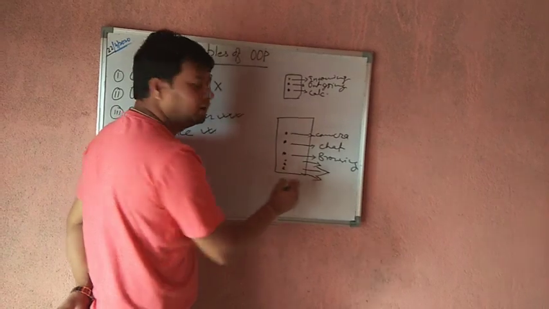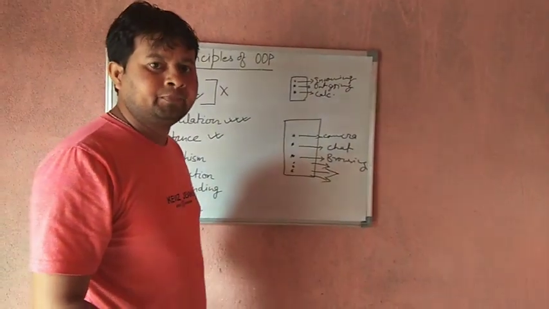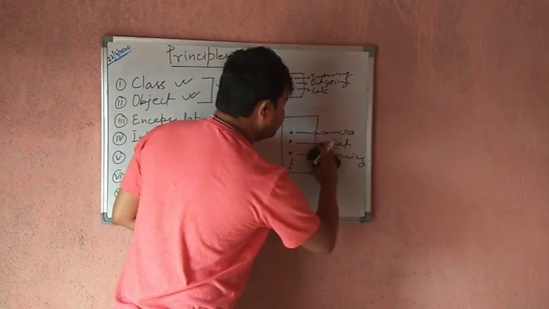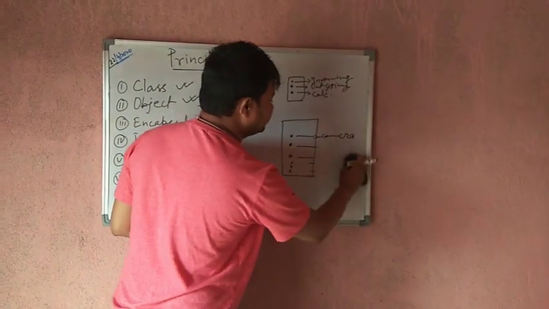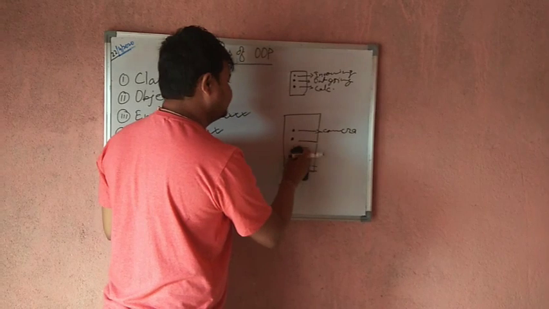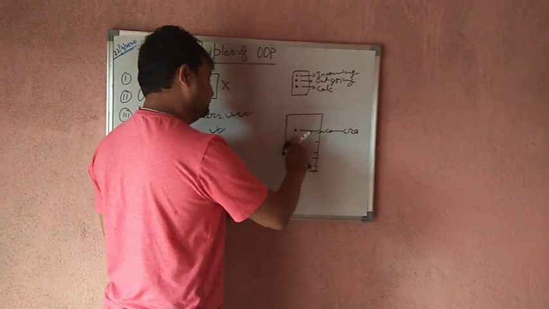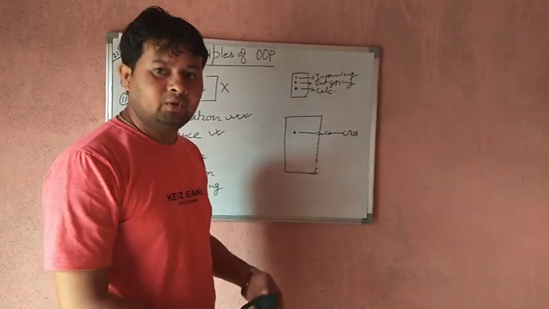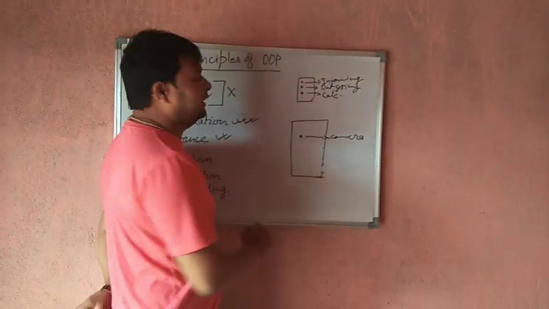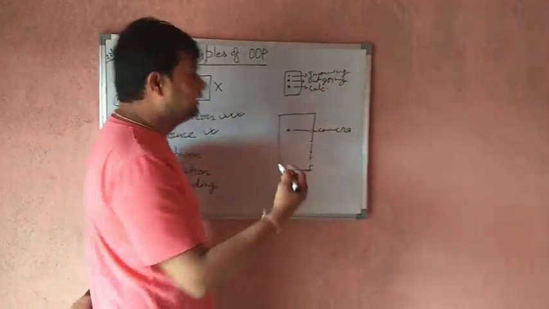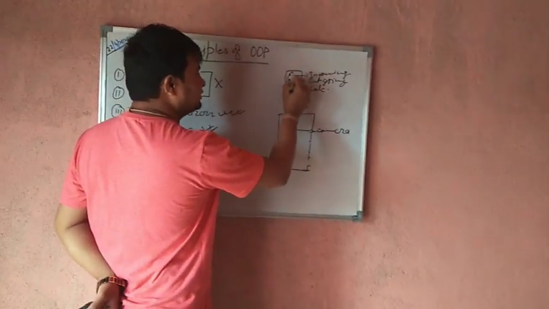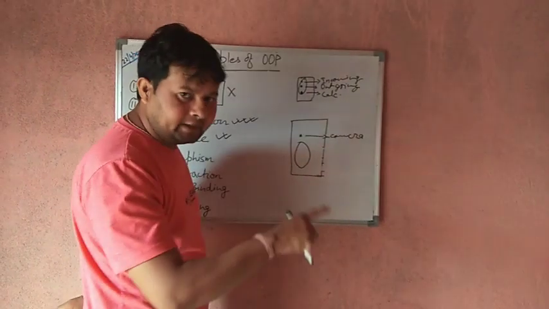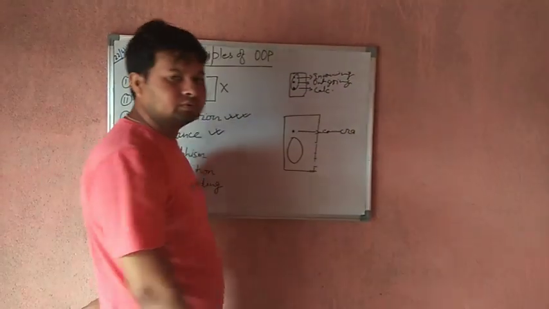Scanning, fingerprinting, all these, so many features are there. Now what happens? Suppose I don't need all these. I need only camera. Now what happens in this new mobile? I want all these features here also. Obviously I want, apart from that I need this also, right?